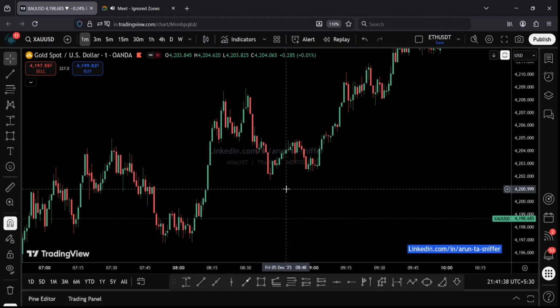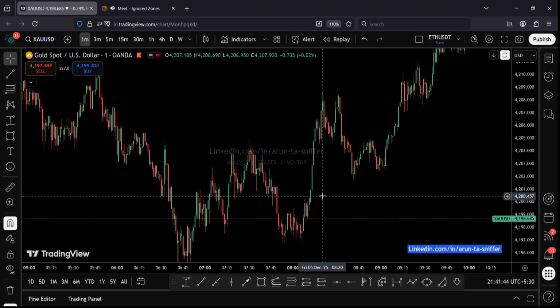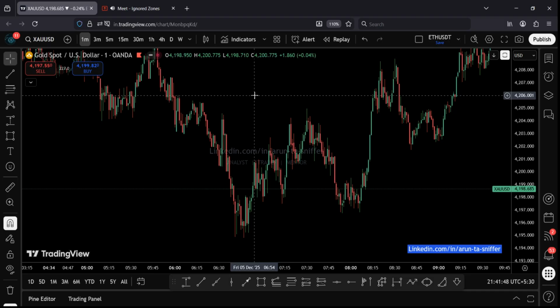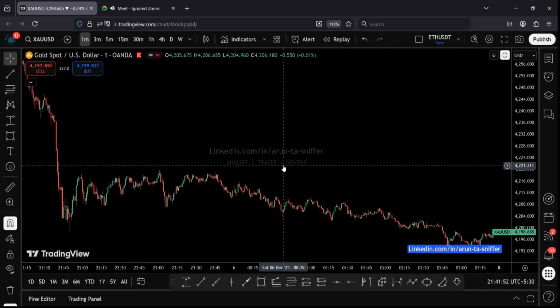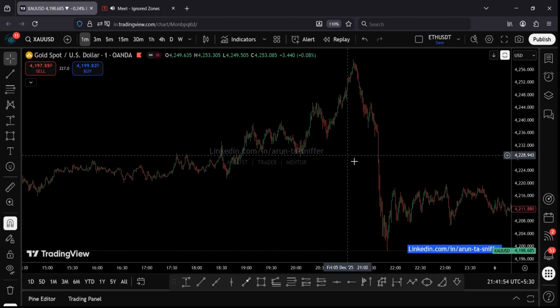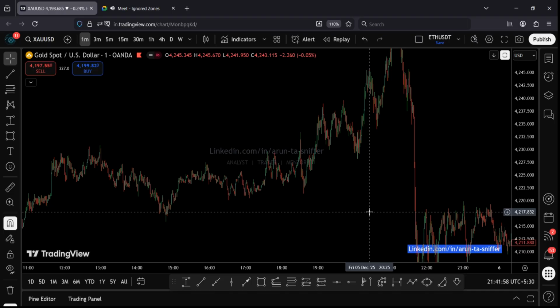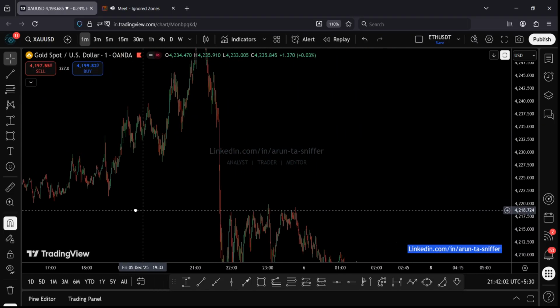Okay, I think we have already enough examples for compression, and let's see free drive. Let's find examples for free drive. Here we have an example.